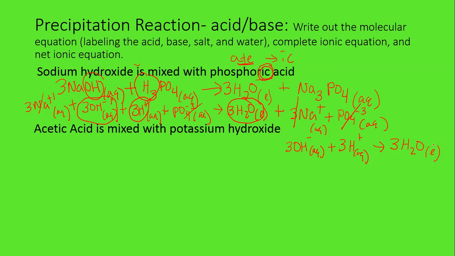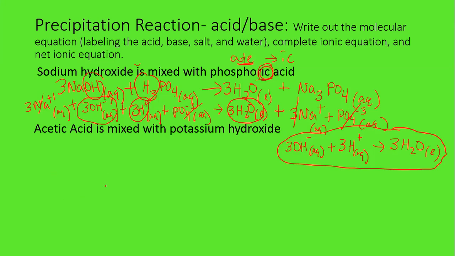We could technically reduce that, so we could say OH- plus H+ yields H2O, and that would be fine as well. But otherwise, we have our net ionic equation. Again, remember that generally our net ionic equation in these reactions will be the production of water. Water is a liquid, so it cannot be ions.